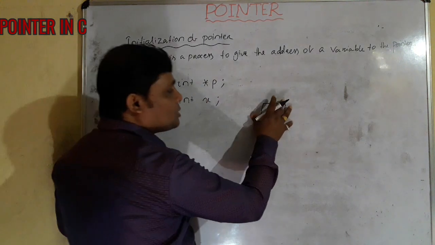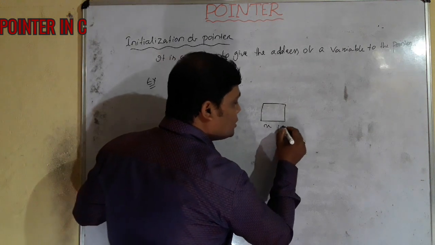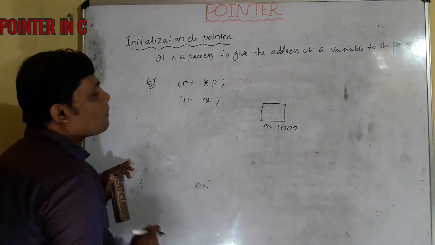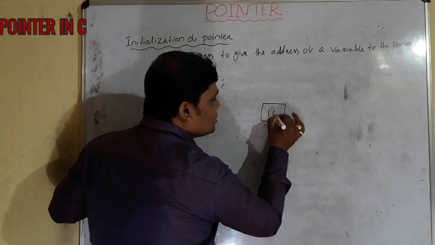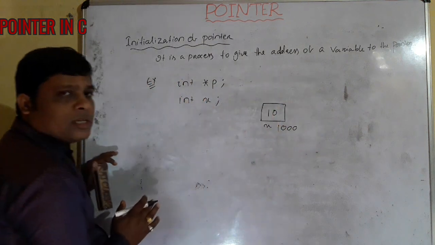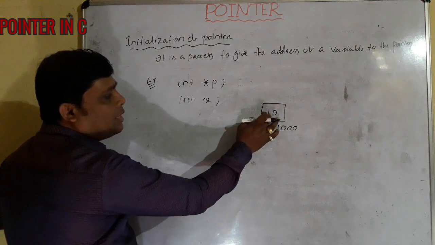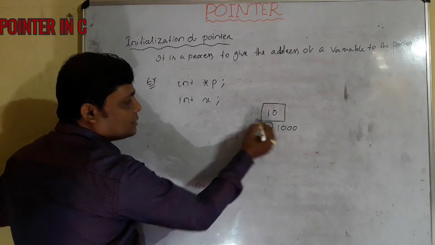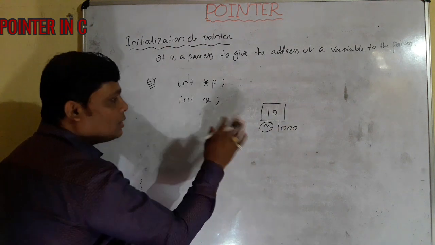It consumes some space in memory and it has some address. Suppose its address is 1000. Suppose any value is stored in that address. It's an integer type value, and its name is x and its address is, suppose, 1000.